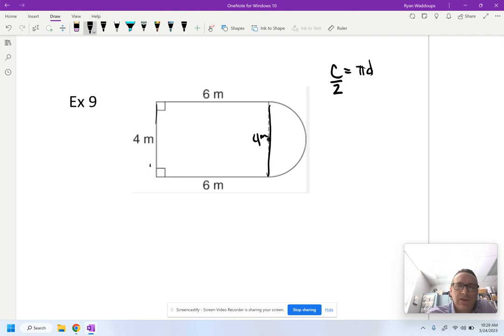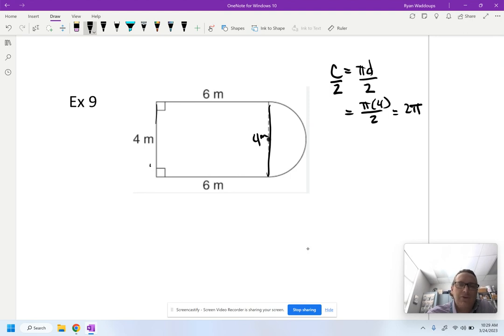Half of the circumference, because it's just half of a circle, would be this divided by half. Divide both sides by 2. So that gives us pi times 4 divided by 2, which is 2 pi.